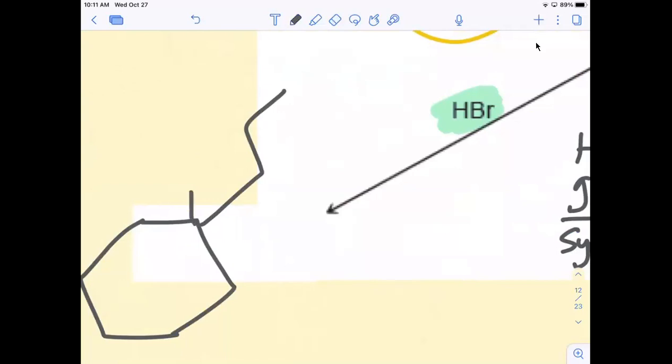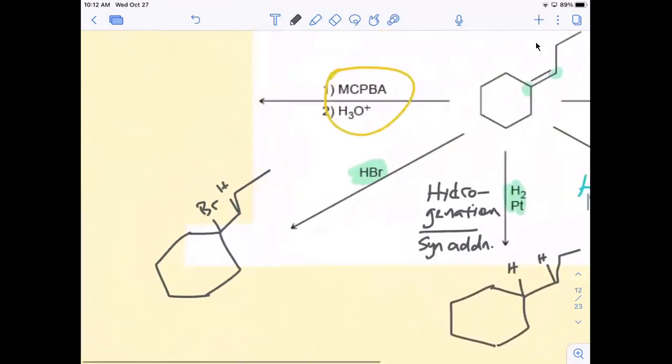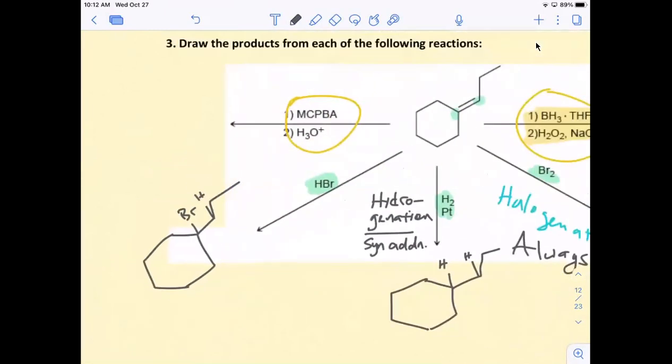Bromine is here, and we also add a hydrogen here. We don't have to show that hydrogen, but I'm going to put it in anyway. It's addition of HX, and it follows Markovnikov's rule.